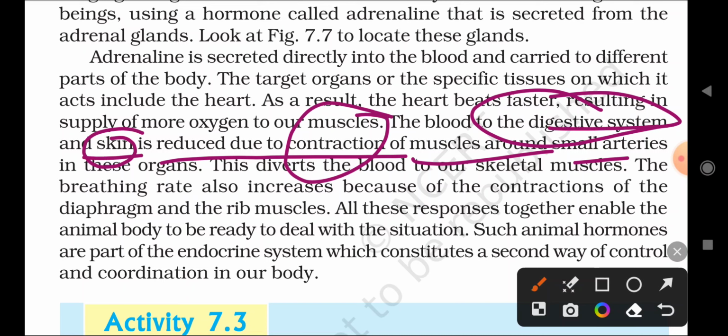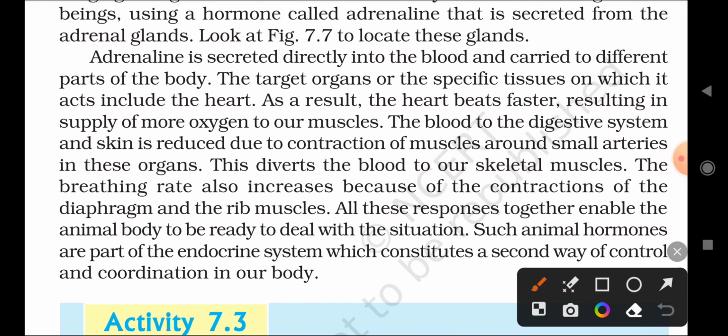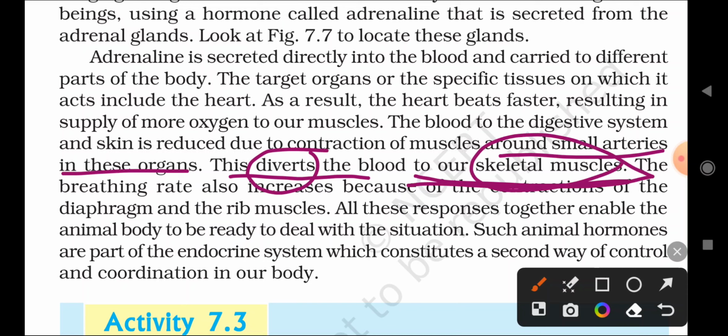Reduced means less. So there is less blood in the digestive system and skin due to the contraction of muscles around the small arteries in these organs. This diverts the blood to our skeletal muscles. This diverts means the blood is diverted in which direction? To our skeletal muscles.